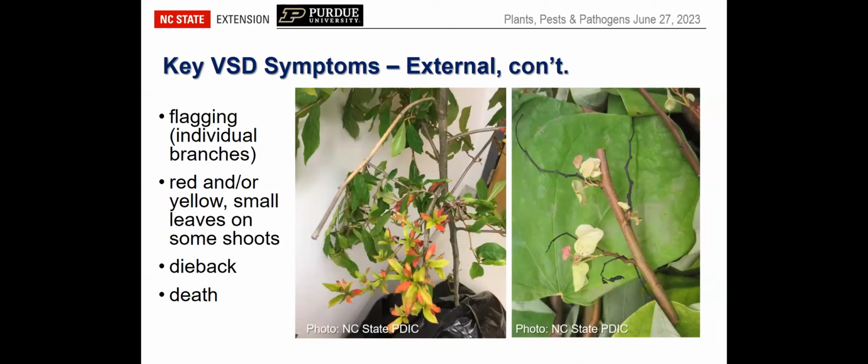Additionally, you'll see flagging of individual stems or branches. You may have shoots develop that have unusually small leaves that have a red or yellow color. It's an unnatural sort of color, although many varieties, of course, do have unusual leaf color, either early or late in development. But you may see this kind of shoot developing as a symptom as well, and then eventually dieback or even death of the plant.